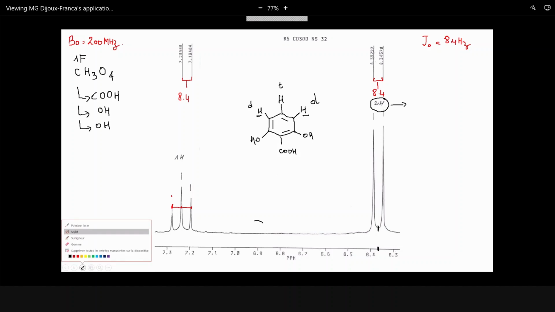Okay, so what can we say? That's right, okay. But that means that we have an axis of symmetry in the structure.